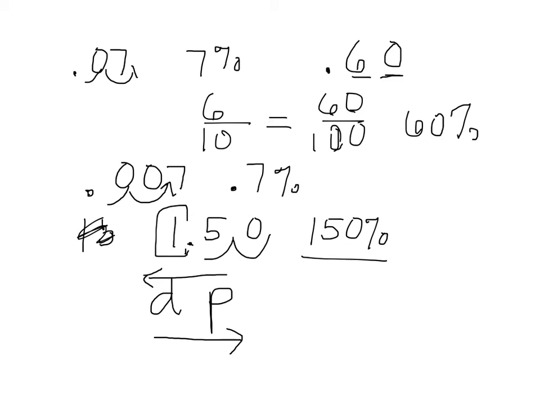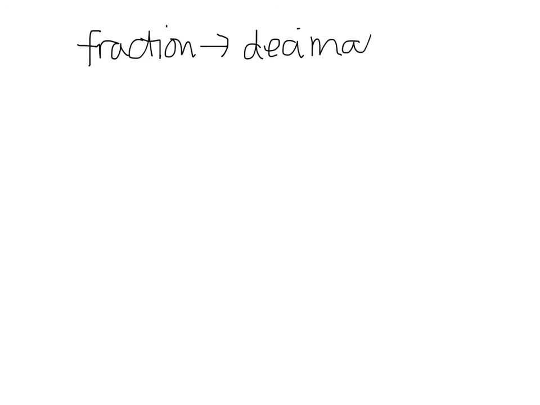So now we have to look at going from a decimal to a fraction and a fraction to a decimal. Once we can get into decimals from fractions, you can use the method I talked about before for going to a percent. So if I want to go from a fraction to a decimal, what you really need to remember is that the fraction bar means divided by.